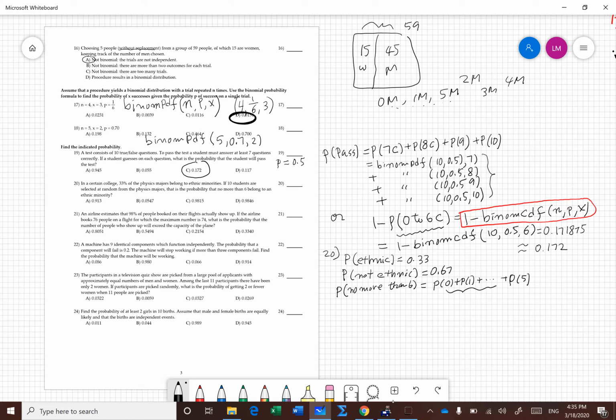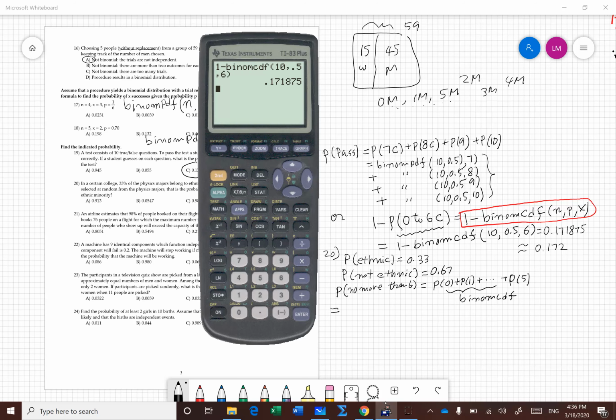Now, these you can use binom CDF. So from the calculator, we don't have to subtract from 1 like the previous one. This one you can go straight using the calculator.